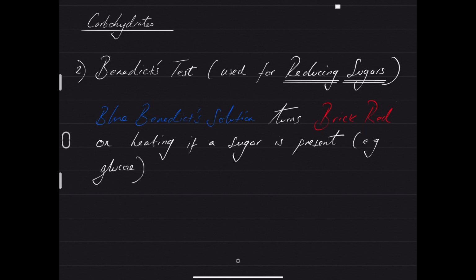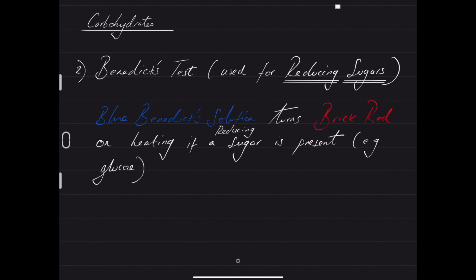Can you just add to your notes? I've just realized. Can you just add to your note that if a reducing sugar is present, e.g. glucose is an example of a reducing sugar.